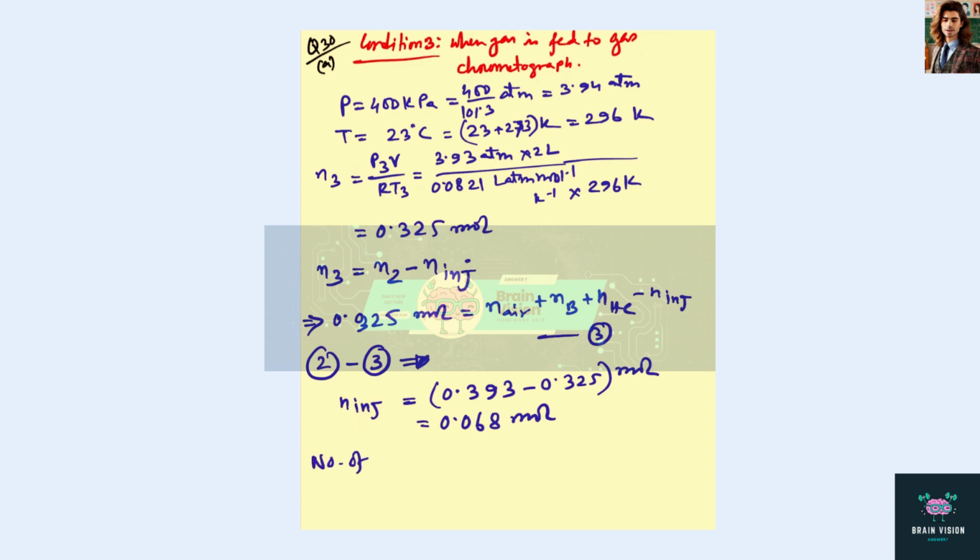Therefore, the number of moles of benzene is equal to the number of moles of benzene in the gas chromatograph multiplied by the number of moles during condition 2 divided by the number of moles of gas injected.